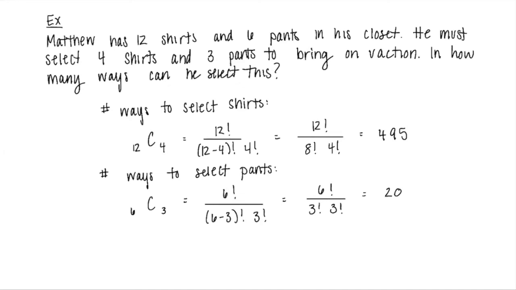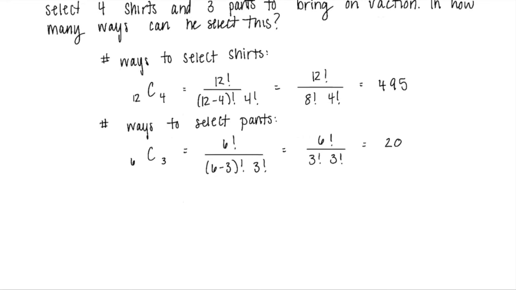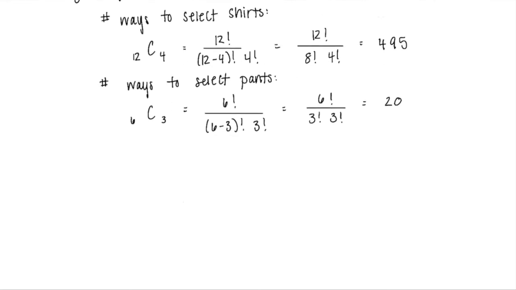So now I'm combining these 2. I've got to bring shirts and pants on vacation. I've got 495 ways to select my shirts, 20 ways to select my pants. So if I'm going to do both of these, I go ahead and multiply the number for each of them. So there are 495 ways the first event occurs, and 20 ways the second event occurs.